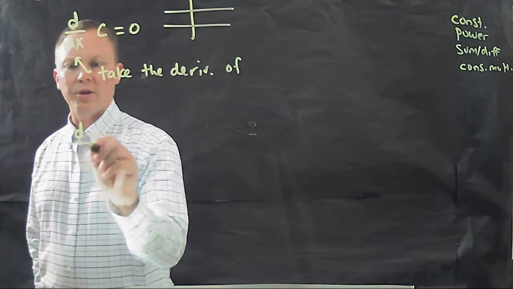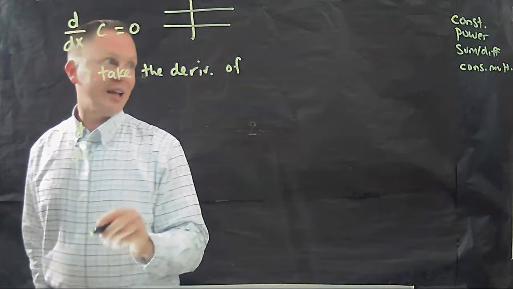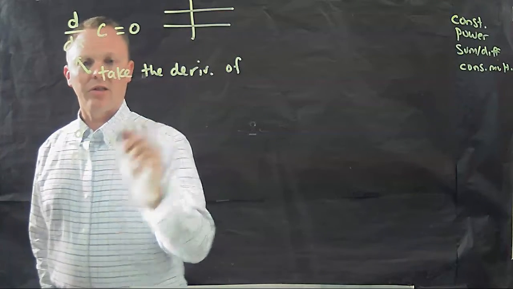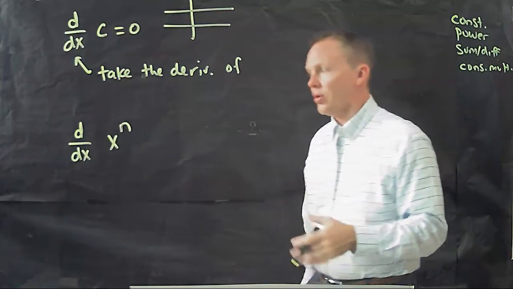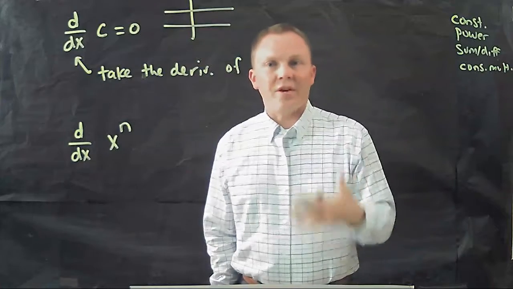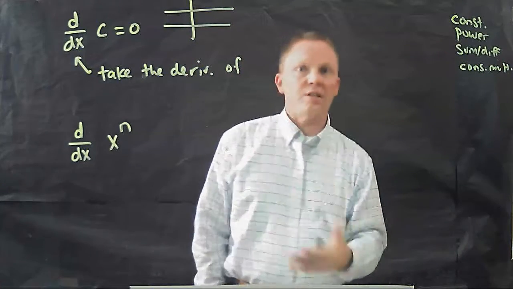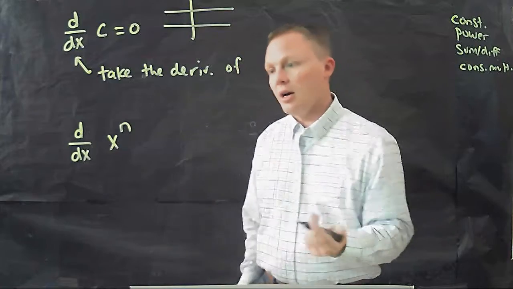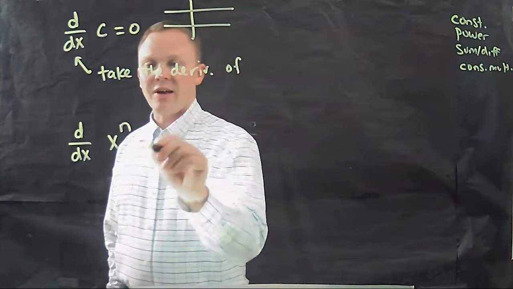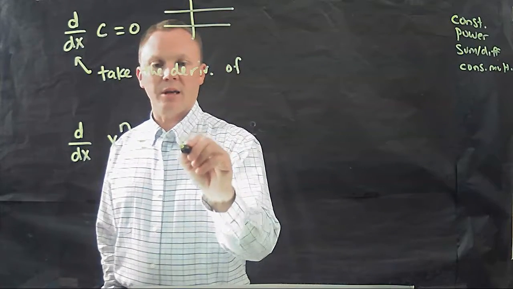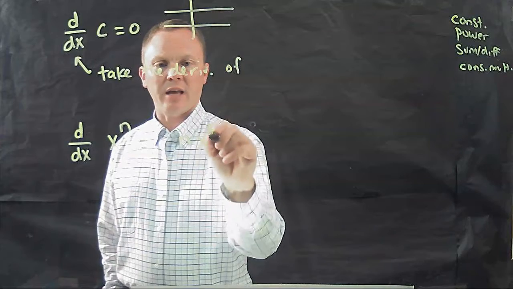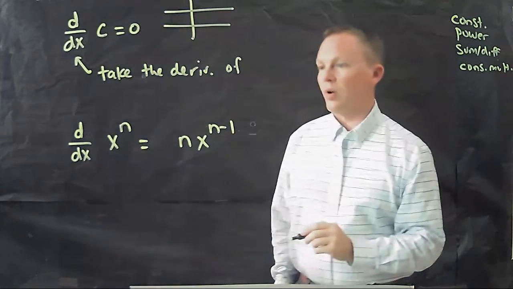The next one, the derivative with respect to x of x to the n. This is how you take the derivative of x to a power, like x squared, x cubed, x to the fourth, x to the negative 3, whatever. The derivative of x to a power is going to be n times x to the n minus 1.